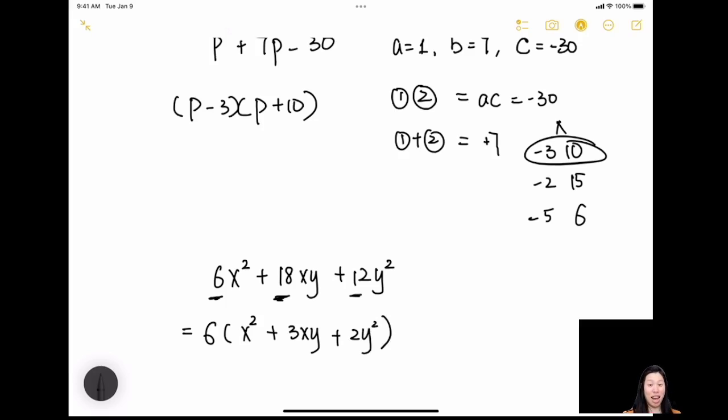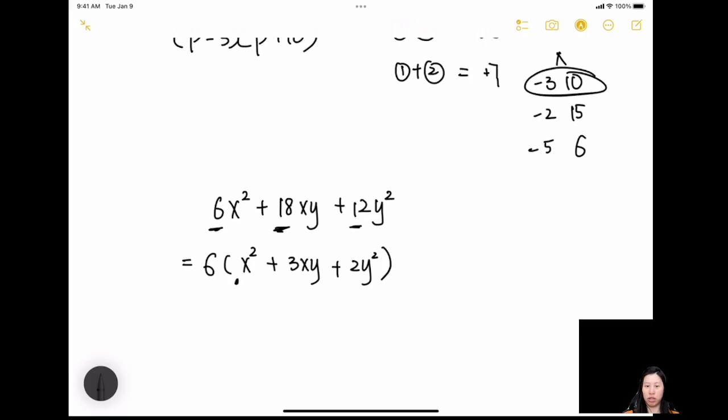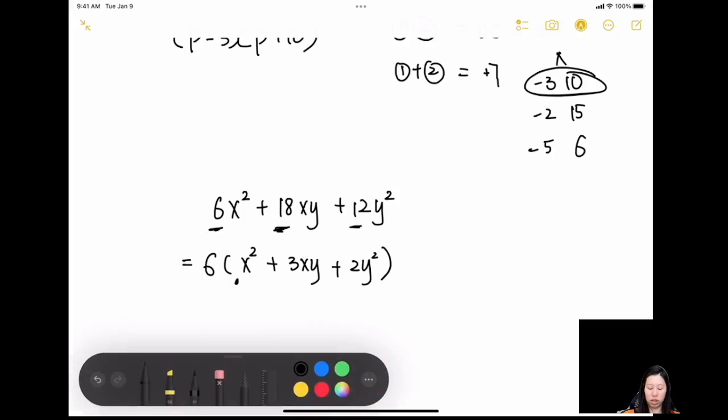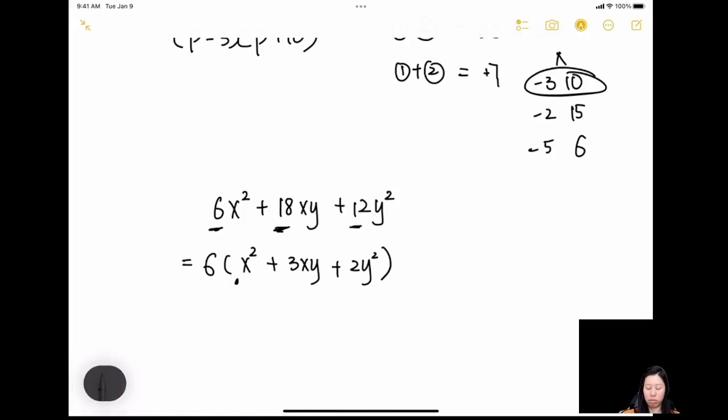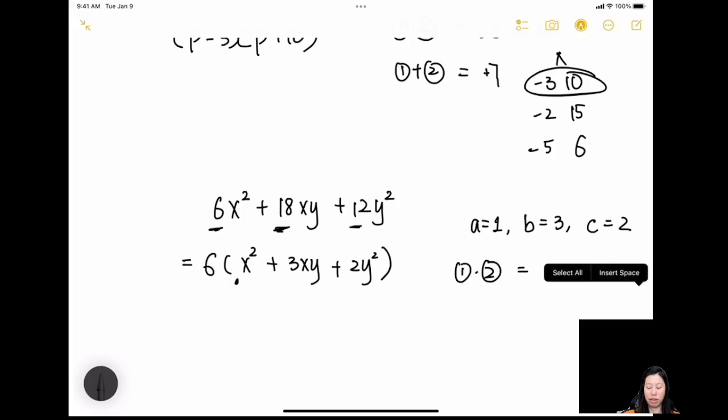Now we have a trinomial with a equals 1. So again we do the same trick. We have a equals 1, b equals 3, and c equals 2. We want two numbers that multiply to a times c, which is 2, and add to 3. This one is quite obvious.